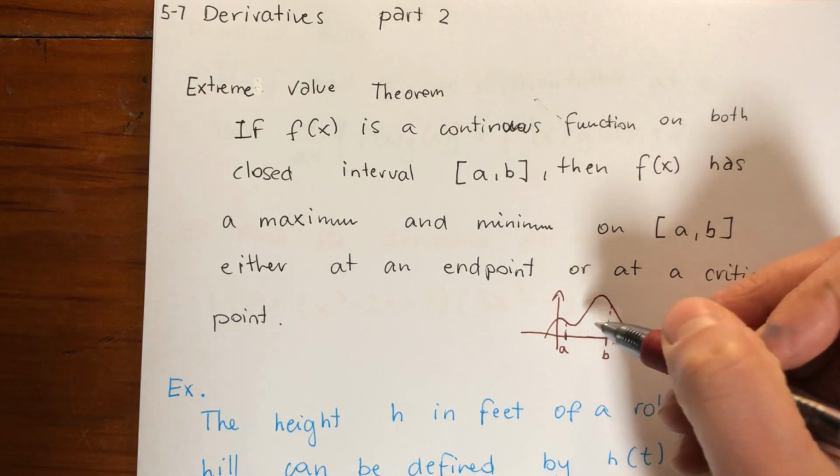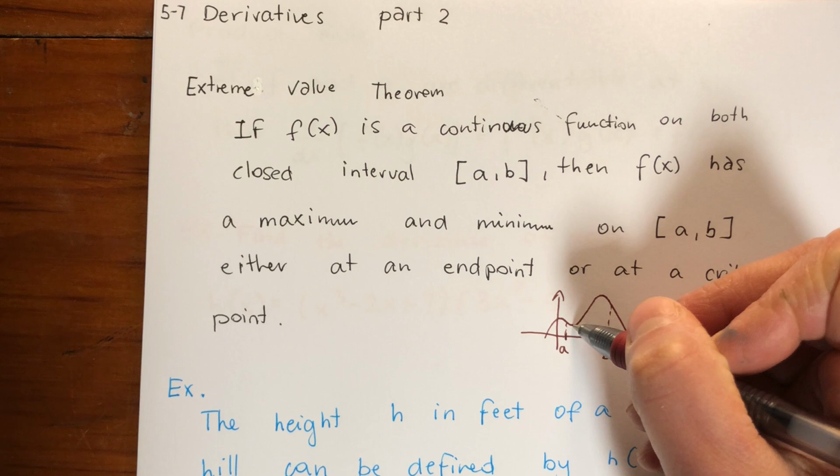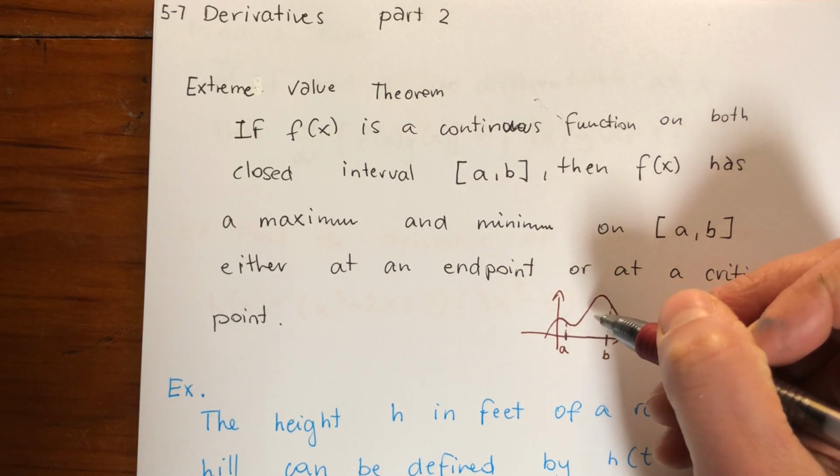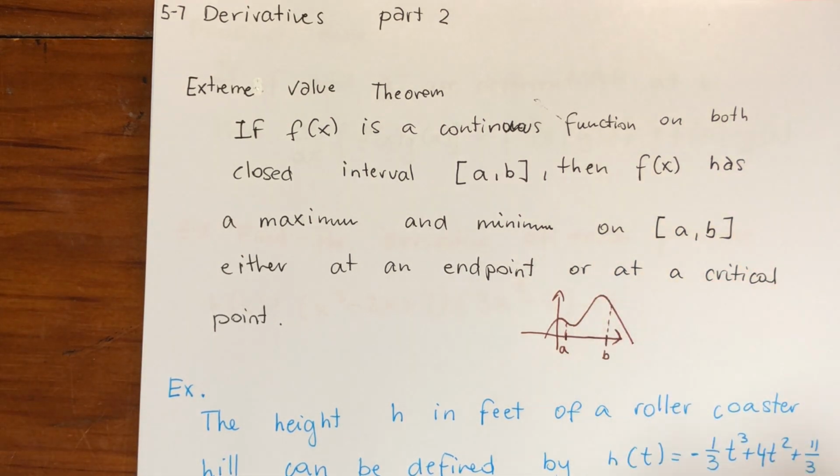The way I graph it, it seems like there would be a minimum here and a maximum here. But sometimes if you graph it a little bit differently, your A or B, which means your endpoints, could be the minimum and maximum. So now, for the second example, you will see clearly how we can find those minimums and maximums.